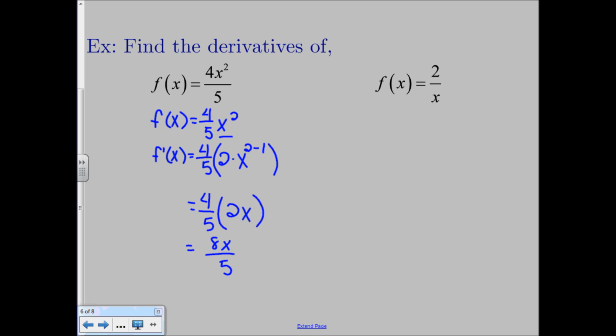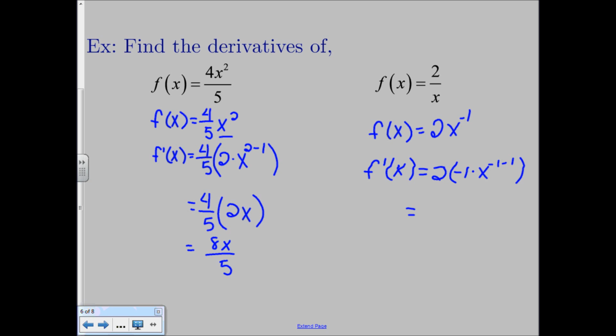Okay, let's try the next one. Just like we were doing before, we need to rewrite this function to make it a little easier for us. So let's bring the x out of the denominator with a -1 exponent. Now we're ready to apply our constant multiple rule and our power rule. We're going to get 2 times, bring down the exponent as a coefficient, -1 times x to the -1 minus 1 power.